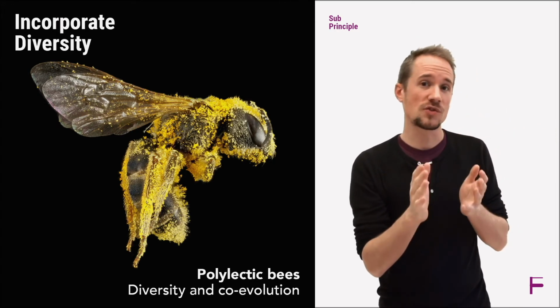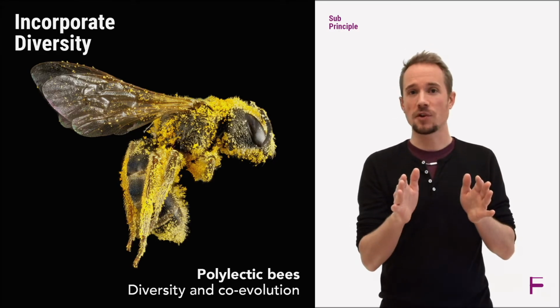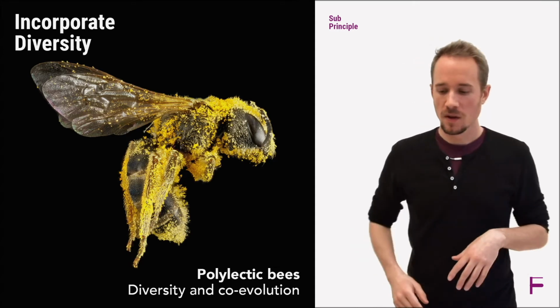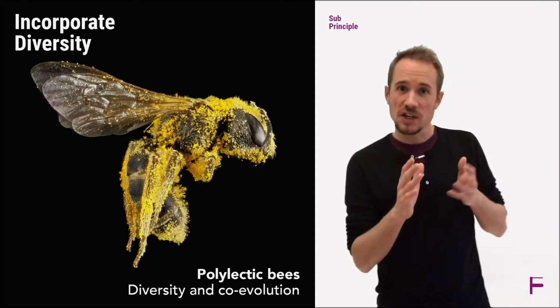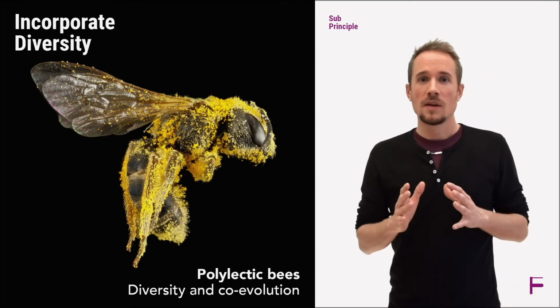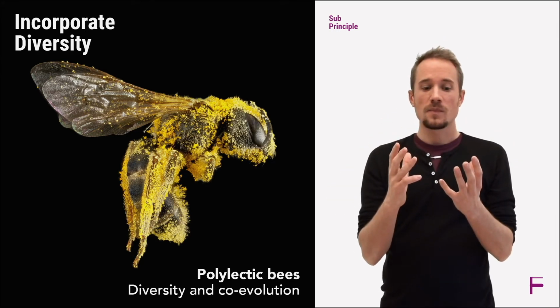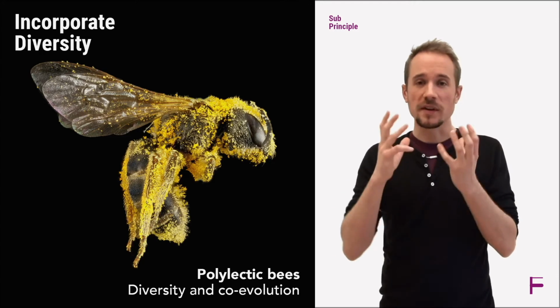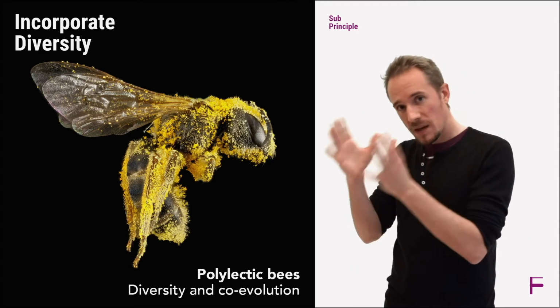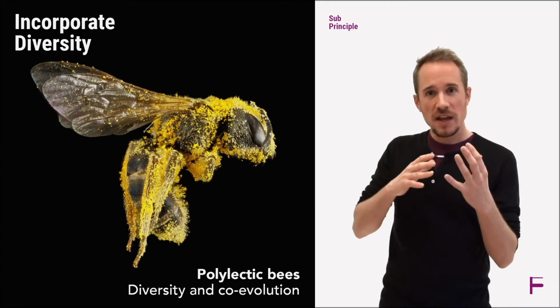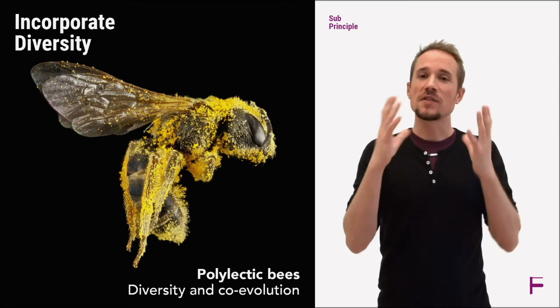That's a very dangerous strategy, but in very good times on Earth, it can work to be specialized. But especially if conditions change very fast and very often, it's an extremely good strategy to survive if you can incorporate diversity. Many bees, like honeybees, can adapt to the changing of the seasons.